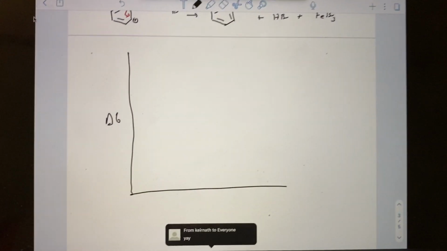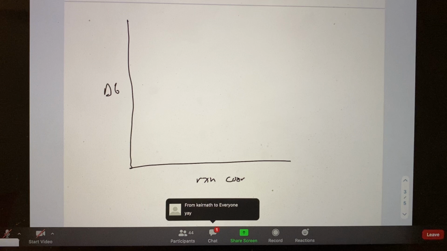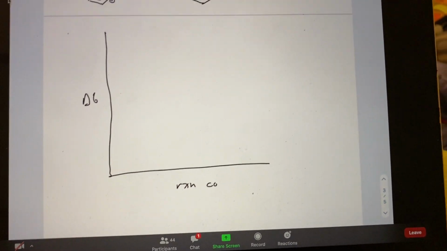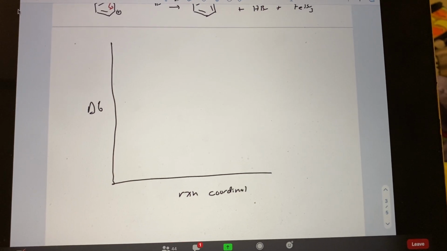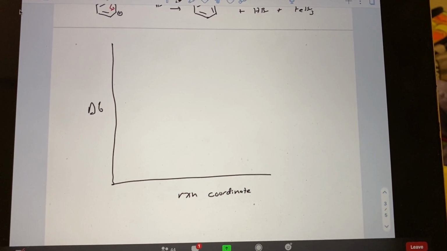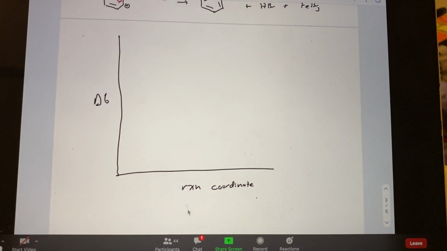But if anyone knows, I love free energy diagrams, but I'm so excited I can't write coordinate here. So, but I think this is a great way to summarize what we've been talking about. Kieran loves, okay, excellent. There's one person I know, at least, that likes free energy diagrams.